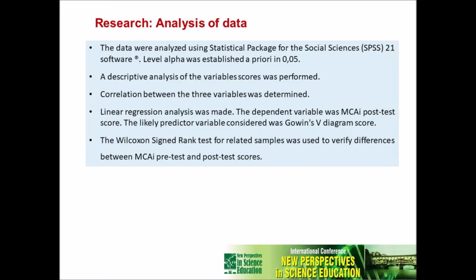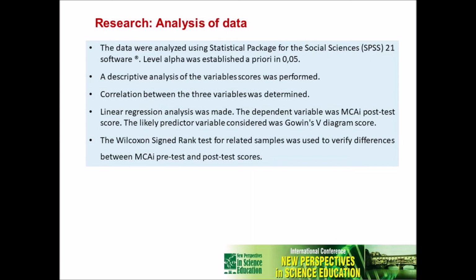The data were analyzed using a statistical package for social sciences 21 software. Level alpha was established a priori in 0.05. A descriptive analysis of the variable scores was performed. Correlation between the 3 variables was determined.